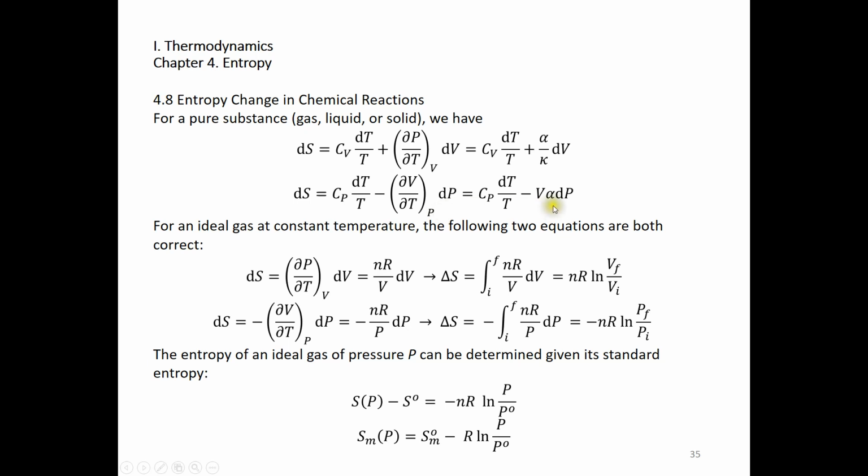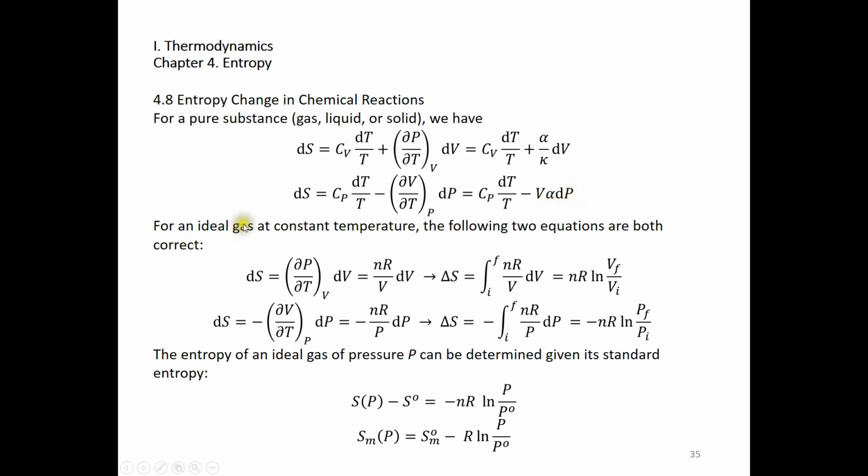Again, for a liquid or solid, we can look up the value of alpha and plug it in here. With the volume of the liquid or solid, we can compute the entropy change due to the pressure change. Since volume and alpha are approximately constant, the integral is just negative V alpha times the pressure change.